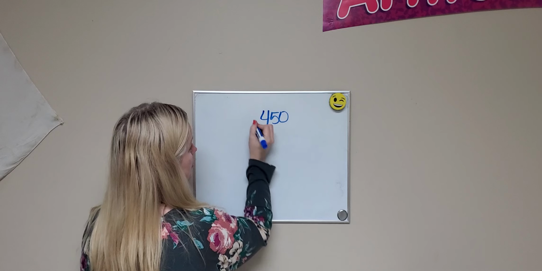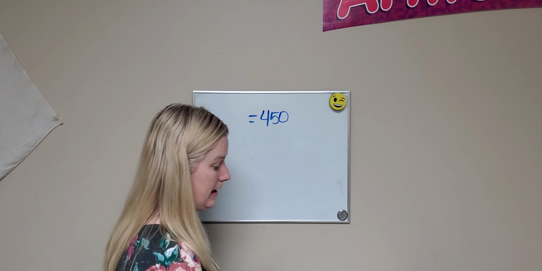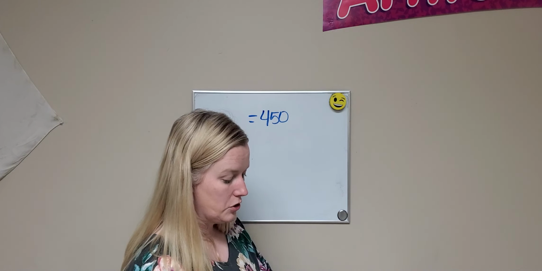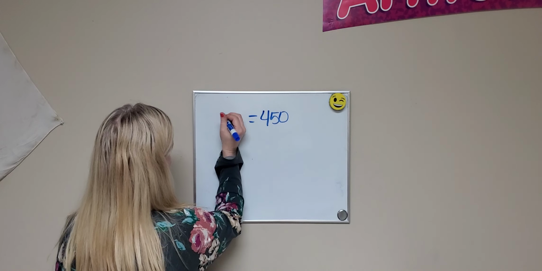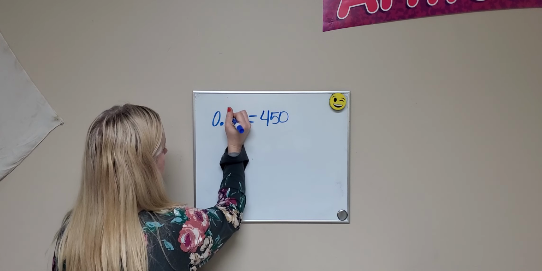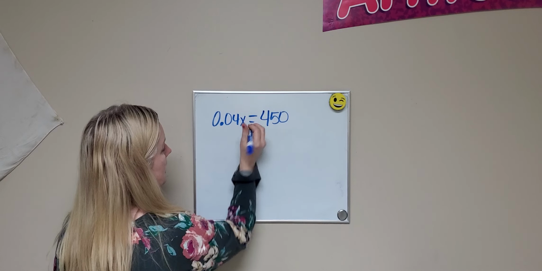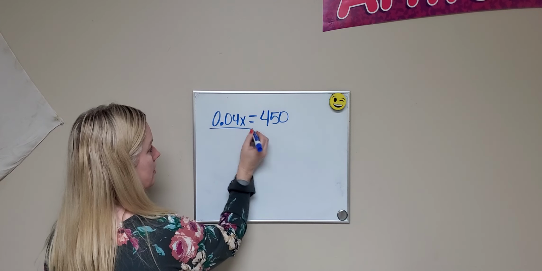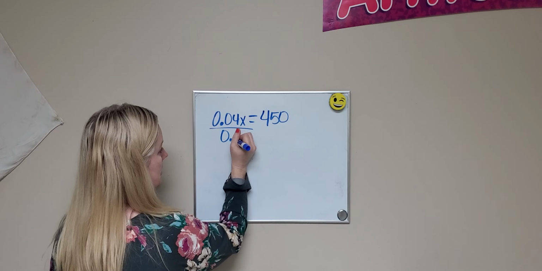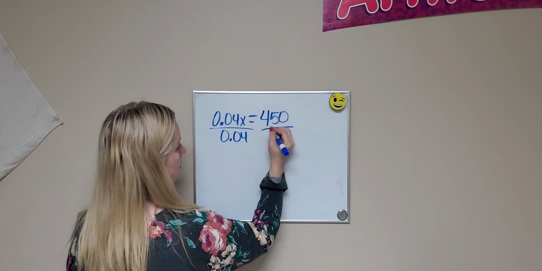Well, it's not 450, but it depreciated by that. It depreciated by 4%, so I'm going to go ahead and change that into my decimal, 0.04. And then I'm going to put x because that's my value. So I just divide both sides by the 0.04.